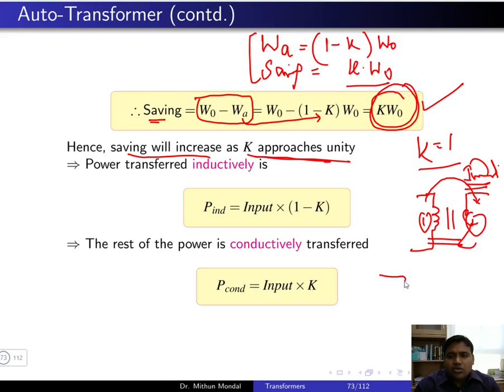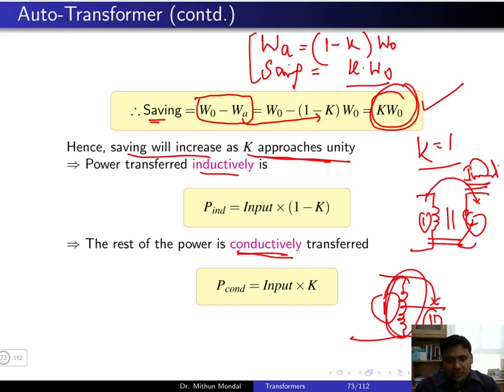Whereas in the case of an auto transformer, where you have only one winding, the energy from the first part to the second part, that is the primary to the secondary, is transferred both inductively as well as conductively, because there is a conduction process. Two windings are connected to each other, so power will be transferred both inductively as well as conductively.